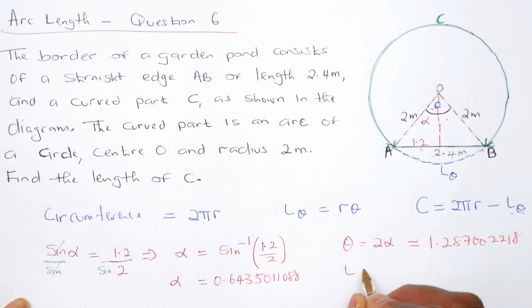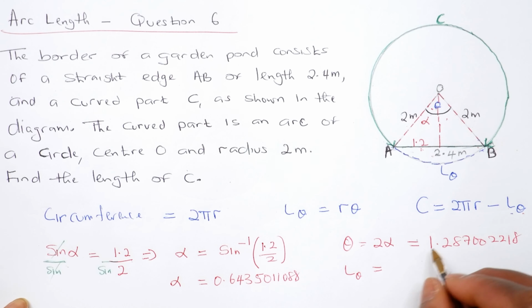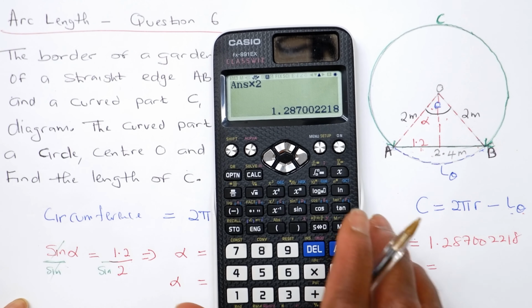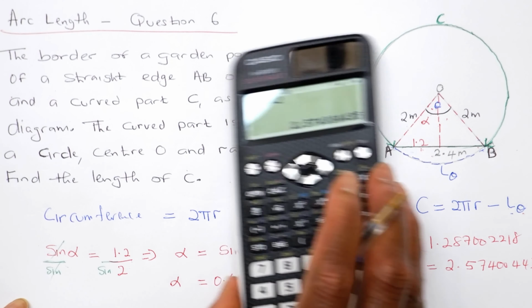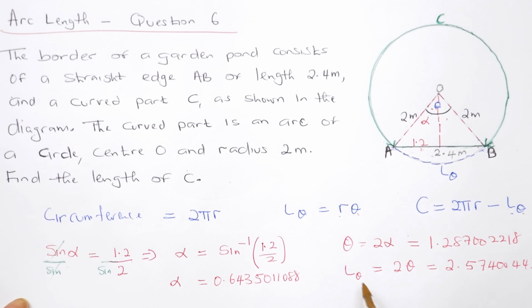So L subscript theta will be equal to radius times theta. That'll be 2 times theta, which gives 2.574004435. So that's that length here.